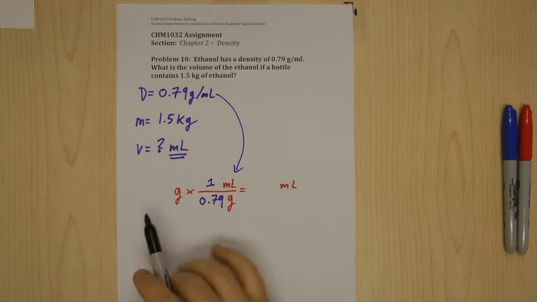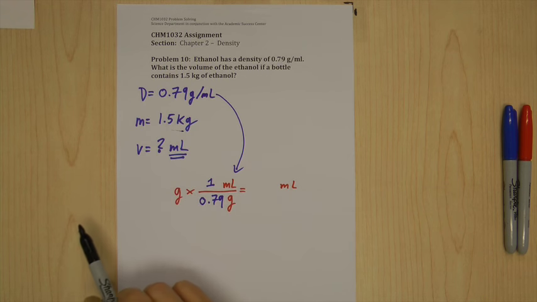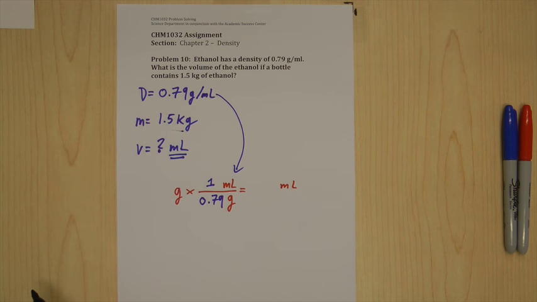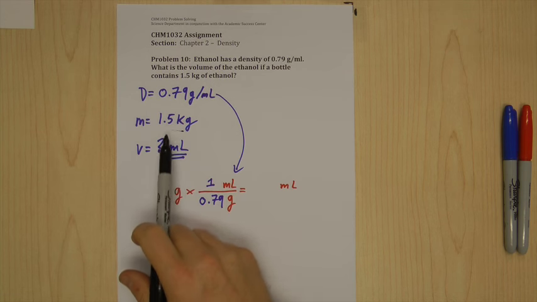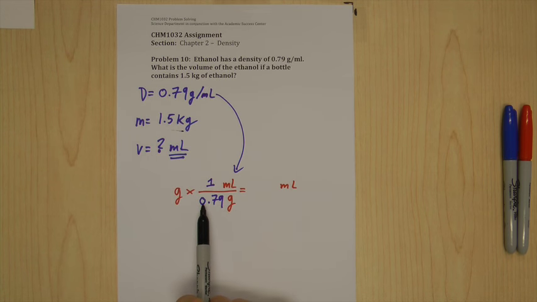The problem here is that my mass has been given to me in kilograms, but my density unit is expressed in grams. So there's no way I can just cancel out here. I have to convert my kilograms to grams, and then I can plug it into my conversion. That's pretty simple to do.